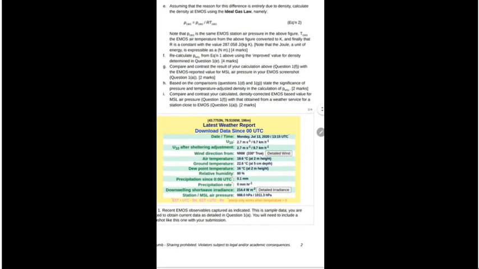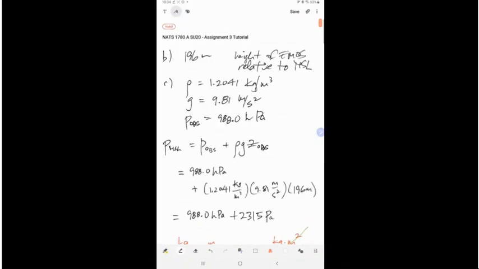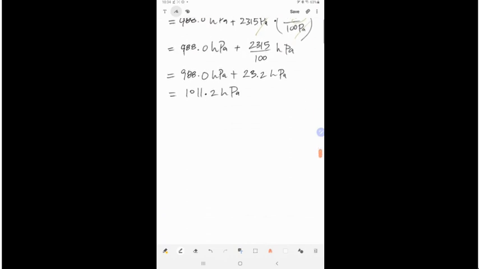Compare and contrast the results of your calculation above with the EMOS reported value. So the EMOS reported value is 1011.3. Okay. So this is going to be question D.